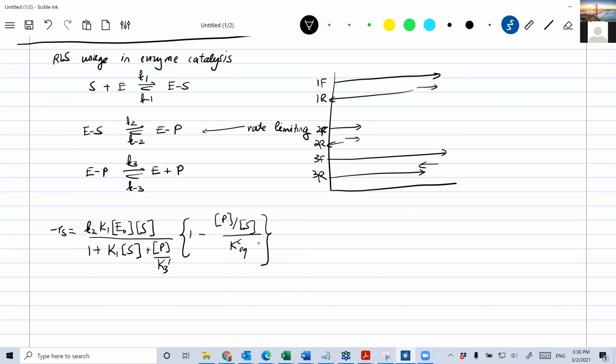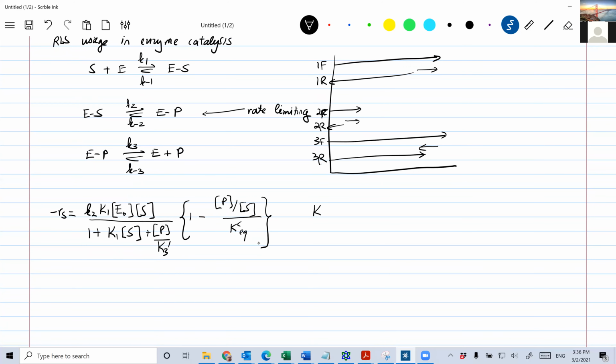In this particular form, Kc, the equilibrium constant, is equal to k minus 2 over k2 times K1 times K3 prime. And that's 1 over K1, K2, K3 prime.